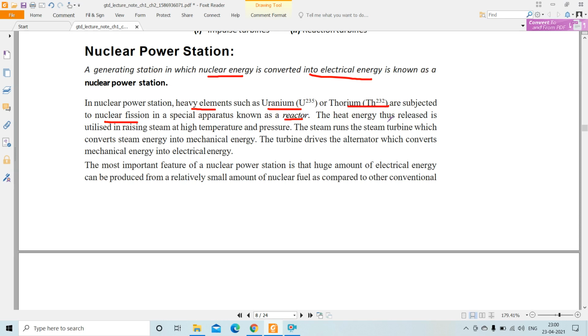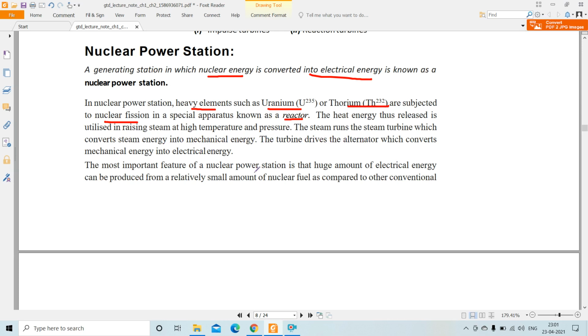The heat energy thus released is utilized in raising steam at high temperature and pressure. The steam runs the steam turbine, which converts steam energy into mechanical energy, and the turbine drives the alternator, which converts mechanical energy into electrical energy.